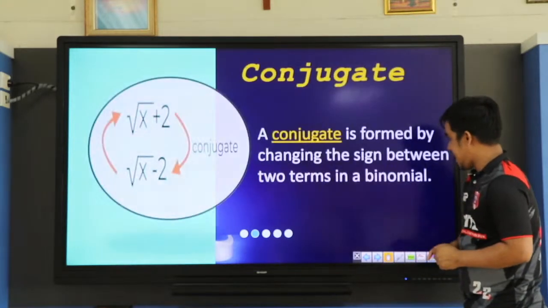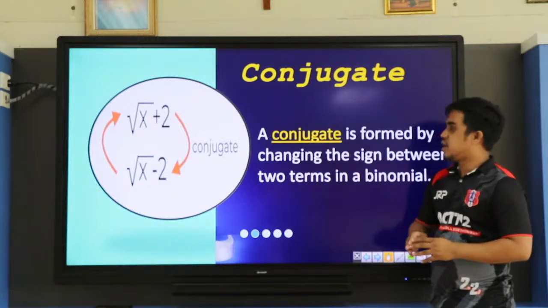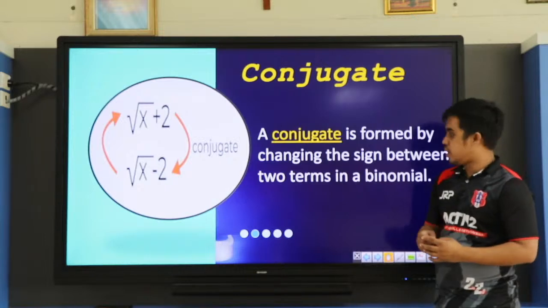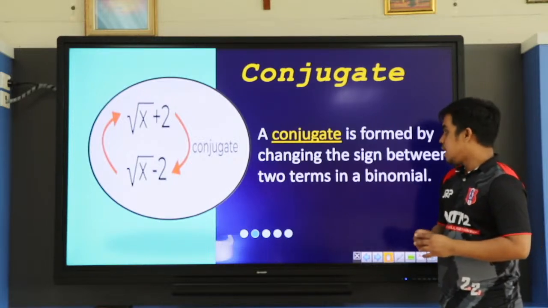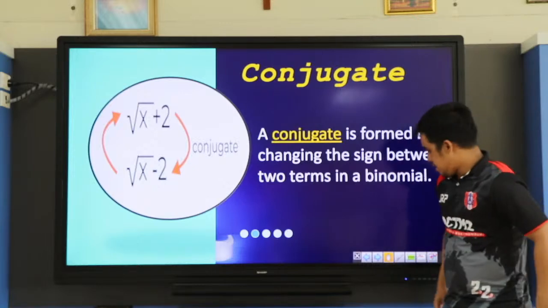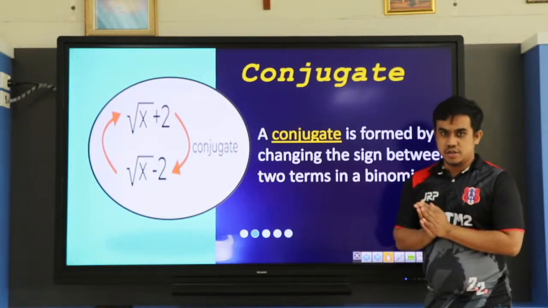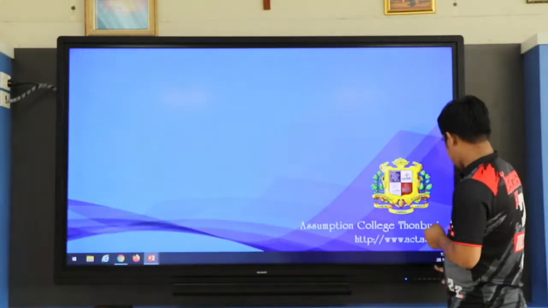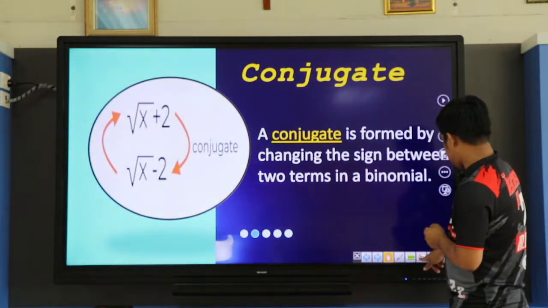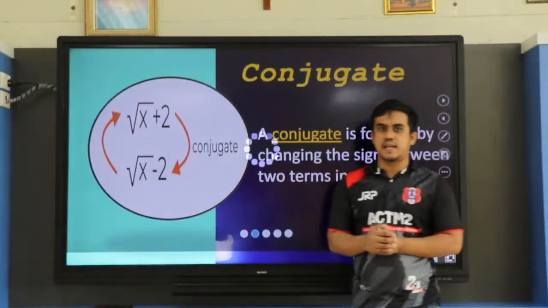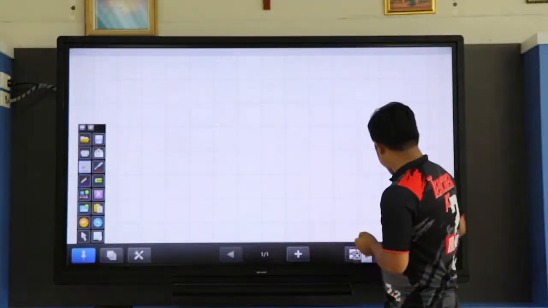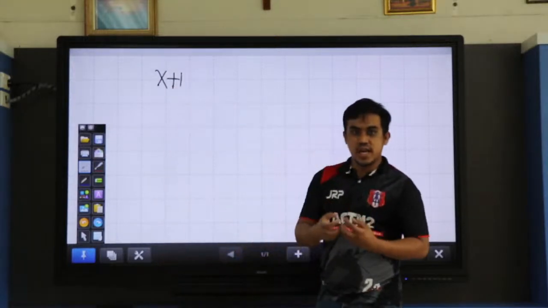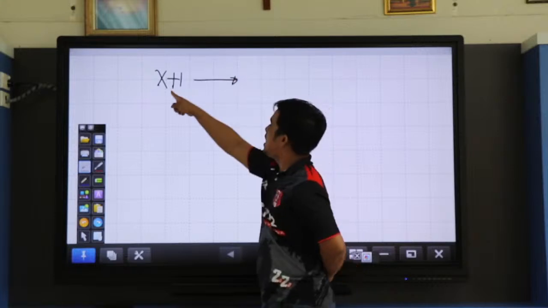The next vocabulary is conjugate. A conjugate is formed by changing the sign between two terms in a binomial. For example, I have here x plus 1. The conjugate is x minus 1, because you change only the middle sign.